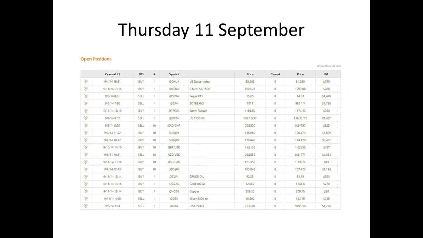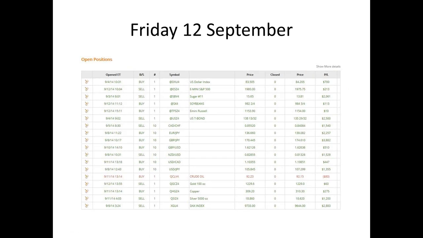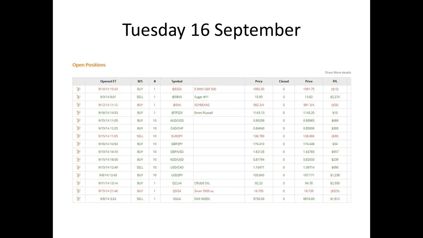Here's the next one from last Thursday. Not a single open position at loss on that day. Here's another one the next day. We had one small loss there in oil on last Friday. Here's Tuesday of this week. We had three small losses there, and then we had one in silver at $325.